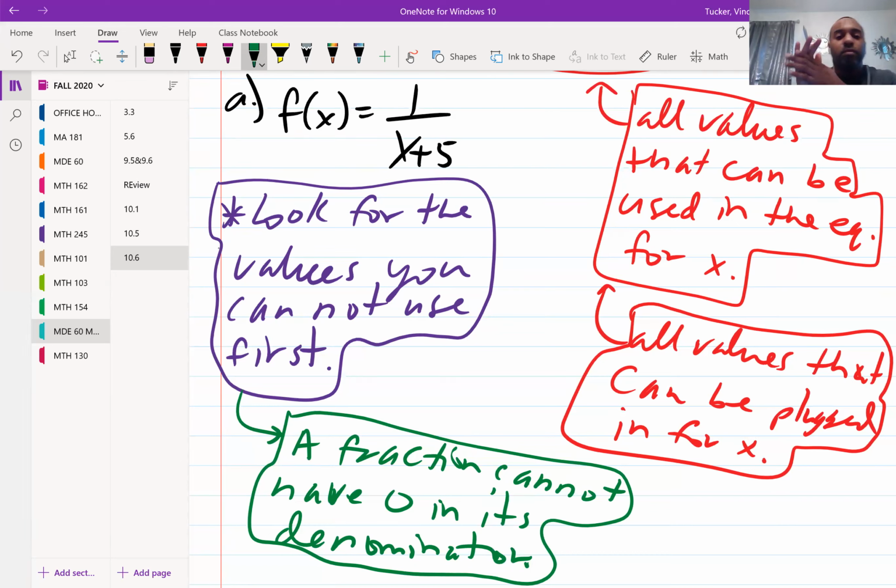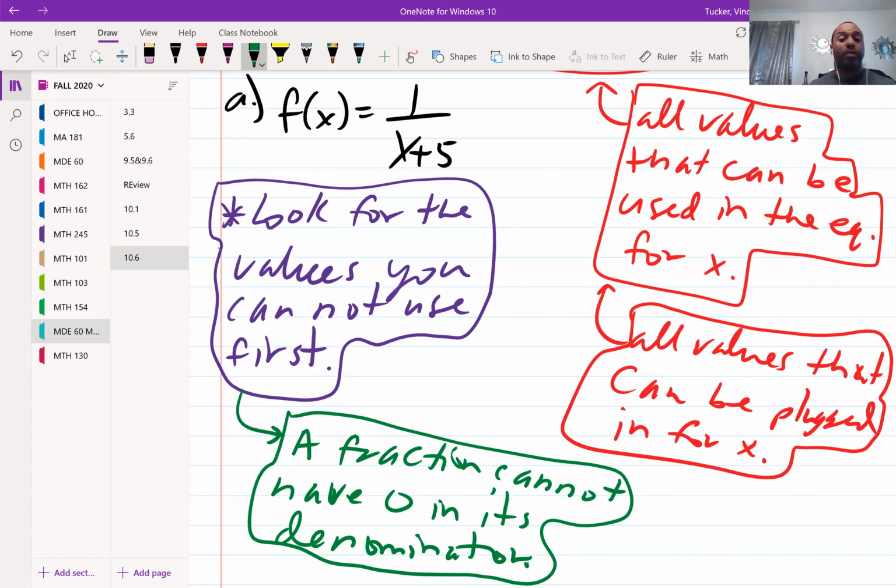The way we'll be able to find this out is that you want to look for the values that you cannot use first. That will be the easiest way to establish what you can use, because what you can use will always go to infinitely many values. So you want to look at what can I not use? What will make my function undefined?